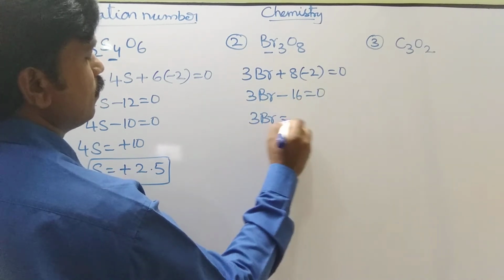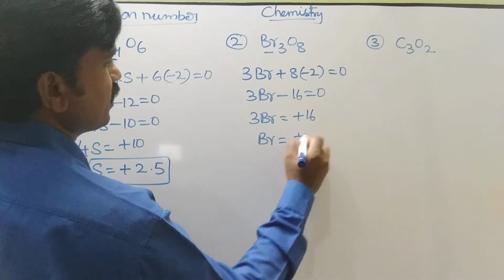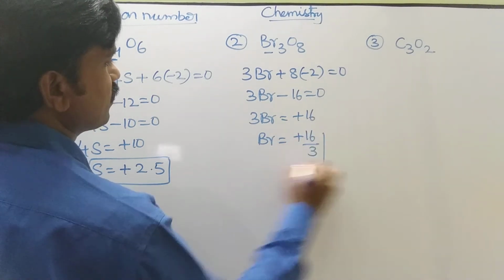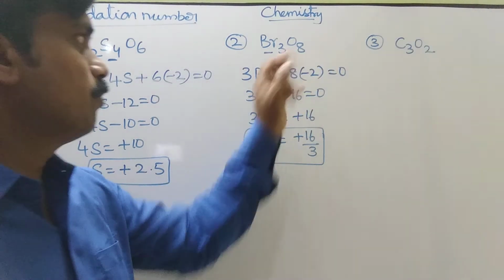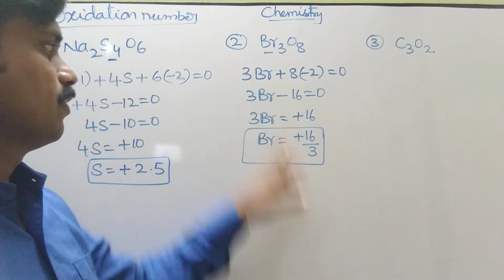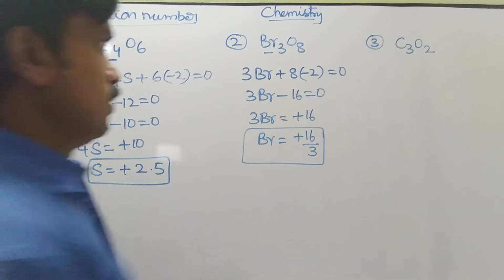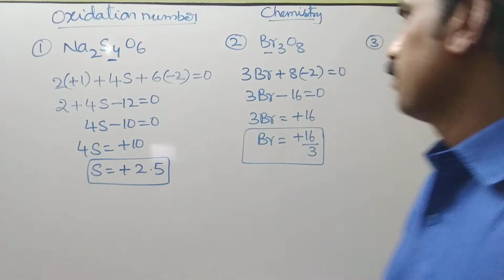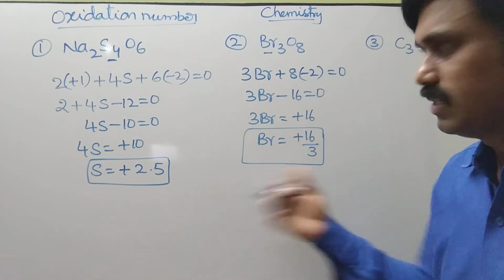Therefore, 3Br is equal to plus 16, and the bromine oxidation state is plus 16 by 3. Here also, totally 8 oxygen atoms and 3 bromine atoms are there. It is also the average oxidation state of bromine, Br is equal to plus 16 by 3. So this also we can practice with the help of structures. I will explain after these examples.